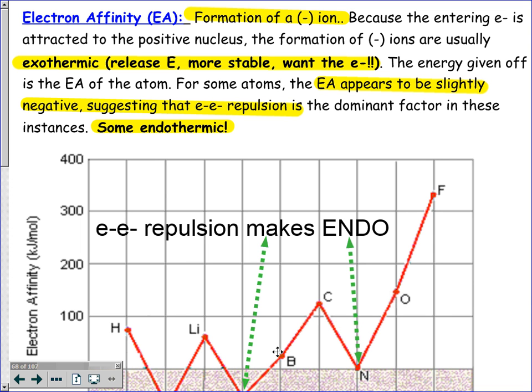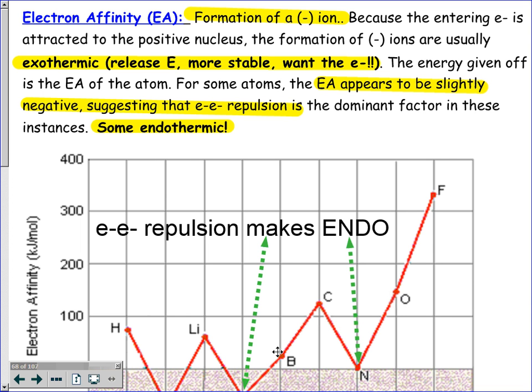So if we're forming anions, the electrons are going to be attracted to the positive nucleus. Whenever an electron comes into an atom, let's say fluorine, it's got 9 protons and 7 valence electrons, right? When an electron comes in, fluorine's nucleus is attracting that electron to some extent. Everybody's electrons are going to be attracted by the nucleus to some extent.